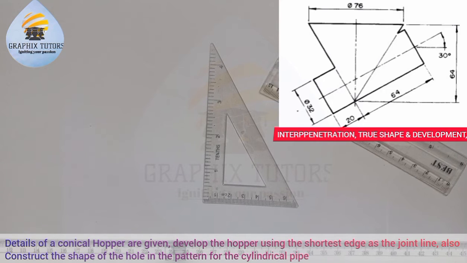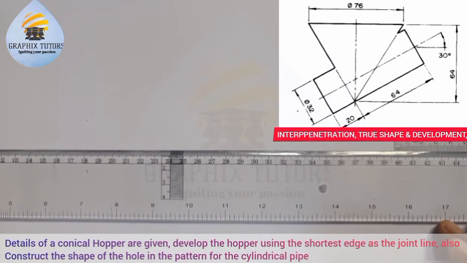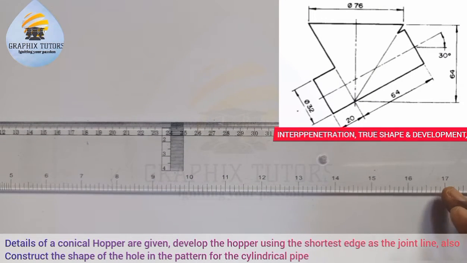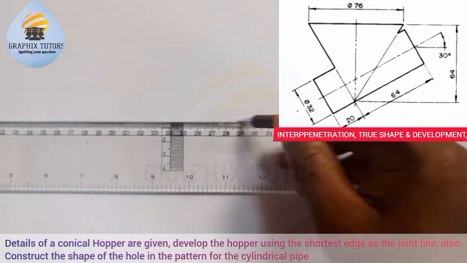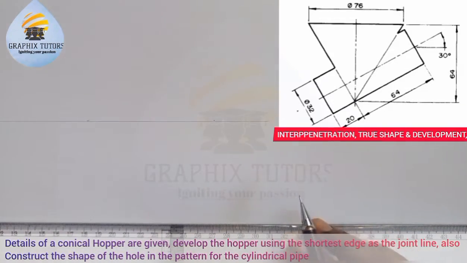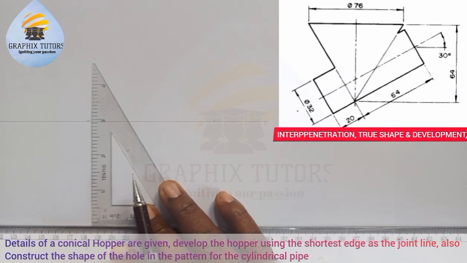So when I take my instrument, I'm going to take my T-square and I'll draw a horizontal line this way. You can see that. And I'll take my set square and draw a vertical line this way.